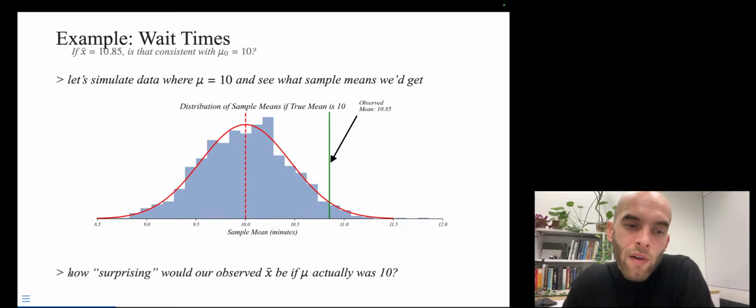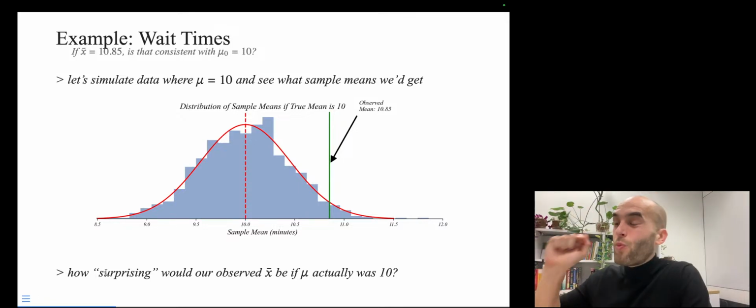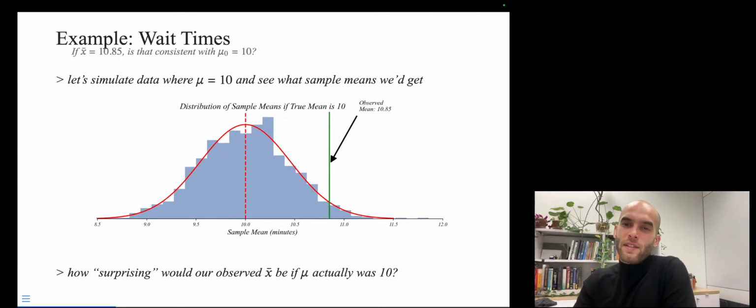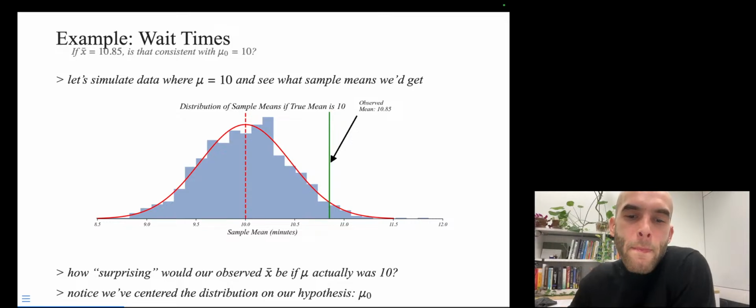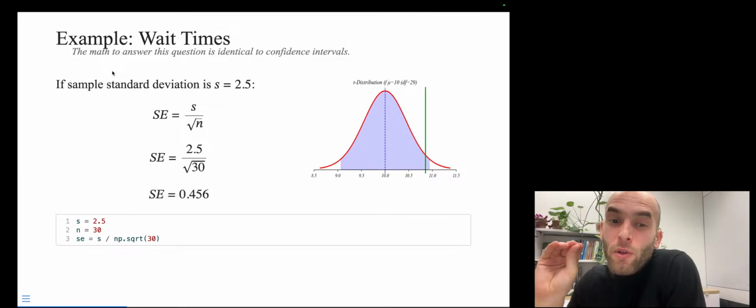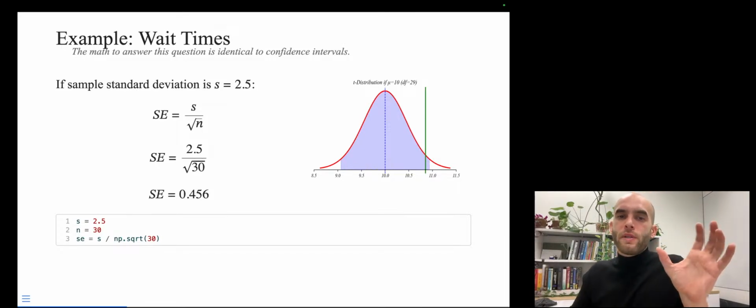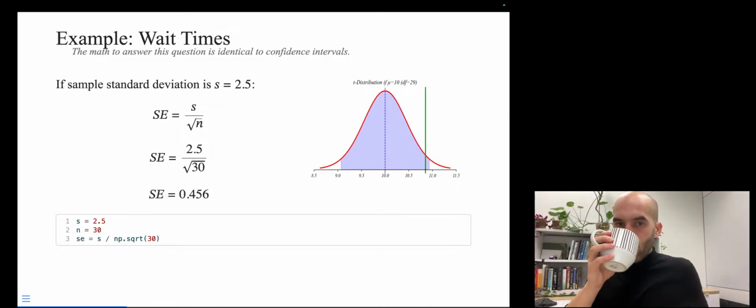So essentially, we're going to ask how surprising our observed x bar would be if mu actually was 10 minutes. So that's going to be our question. Okay, so none of the math we're going to do here is going to look any different than what we did with confidence intervals. We're just going to approach it from a slightly different perspective.